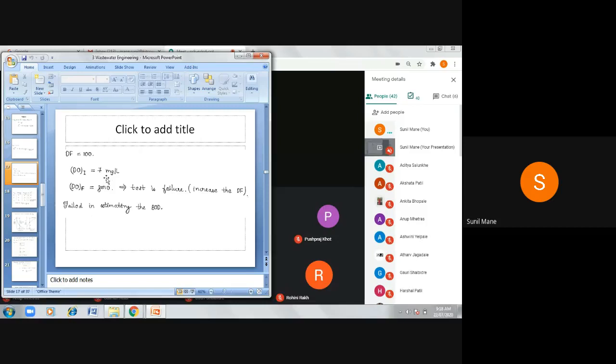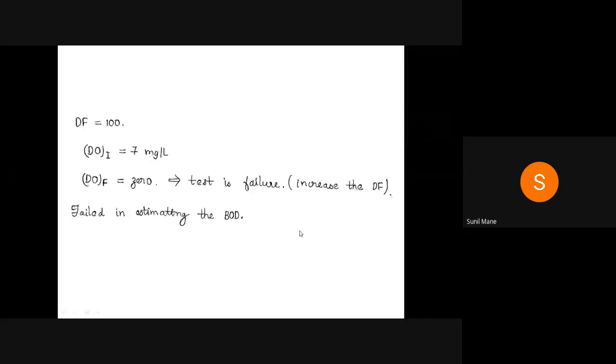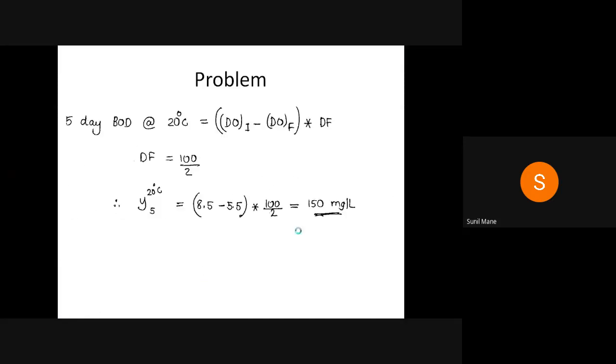Let us take this particular problem. In this problem, the initial reading is there, final reading is there. Initial reading is 8.5, final reading is 5.5. So initial dissolved oxygen is 8.5, and final oxygen is 5.5.